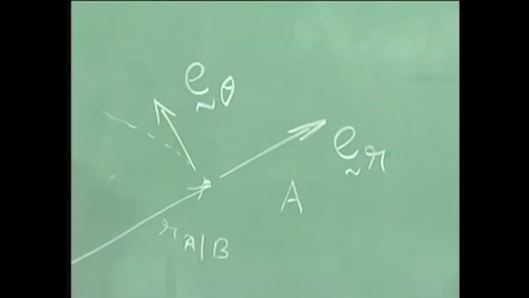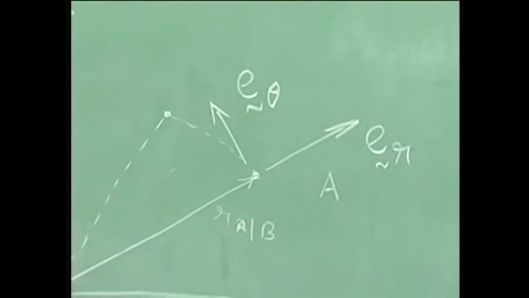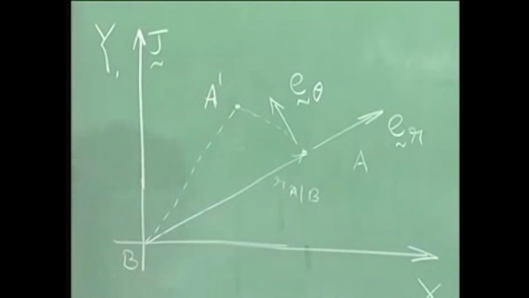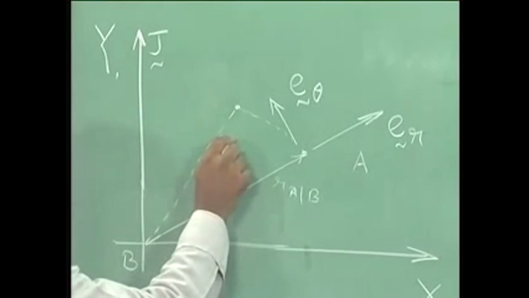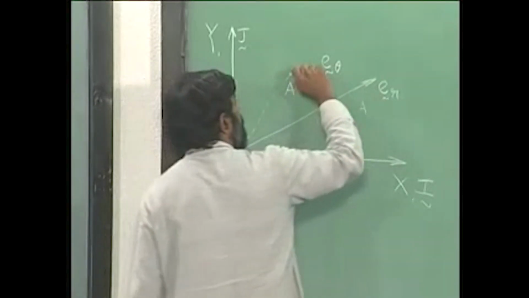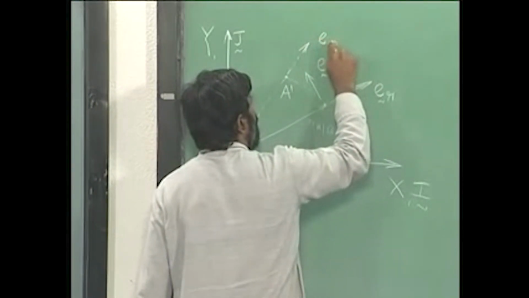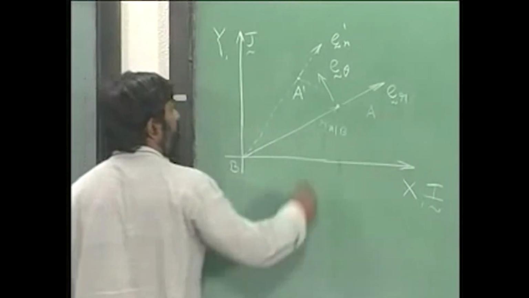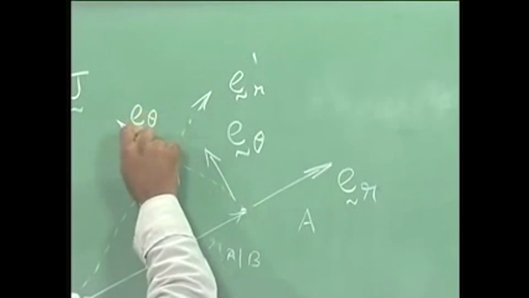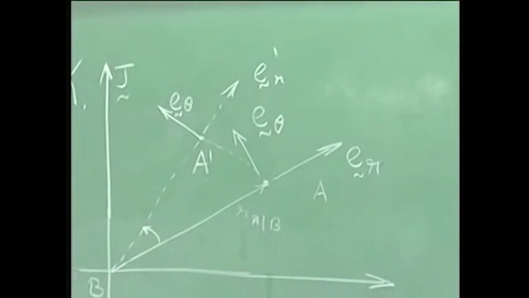Supposing it rotates this way and reaches this particular point, let us say this is the new location A prime. Remember, ER is now rotated this way, and E theta also has rotated like this. Let us say it has gone through a rotation of this sort.